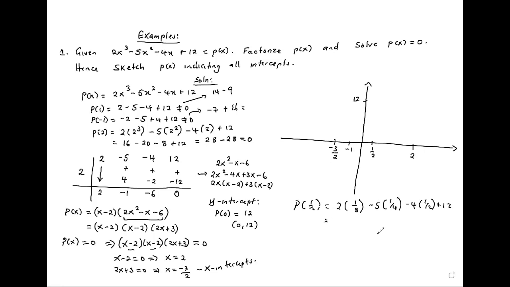Okay, sir, thank you. So here we have 1/4 minus 5/4 minus 2 plus 12, let's just say 1/4 minus, okay, plus 10. You are trying to get the turning point.